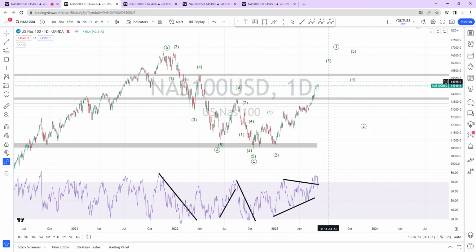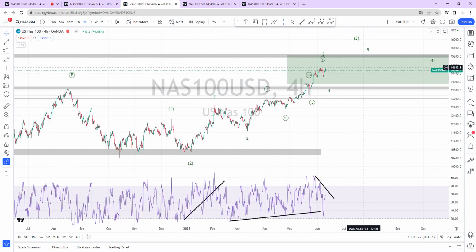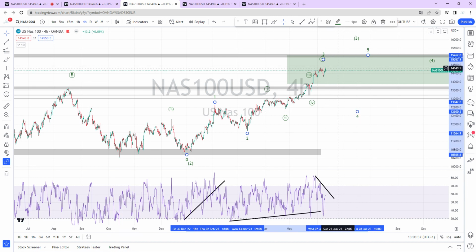I shared with you the analysis, the Elliott wave count on the higher time frame, the weekly, the daily, and yeah, what I will learn from this as an investor is that you do not buy here, you are too late, let's say, or I don't like to buy here. I would wait for some kind of pullback, be it as a wave 2 pullback here in the higher degree, or at least here this pullback in the 4-hour might lead to a buying opportunity if our wave 3 high is indeed somewhere here.